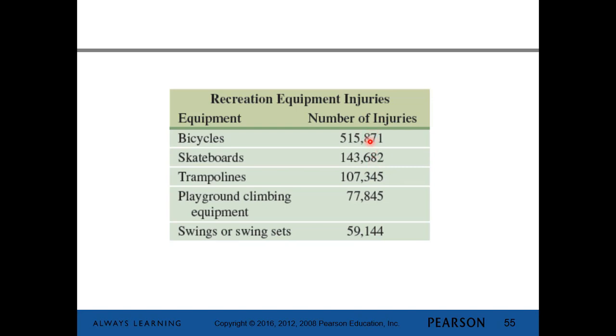So 904,600, 700, 800, 870. Then you add these here.